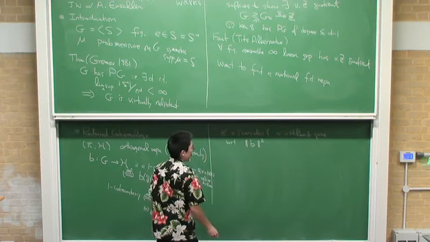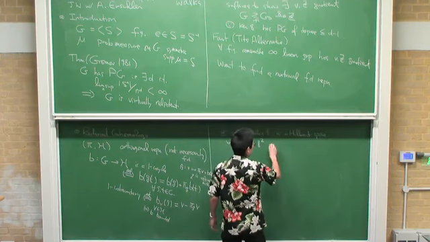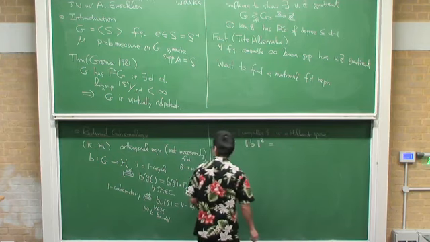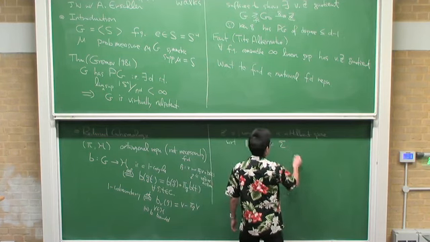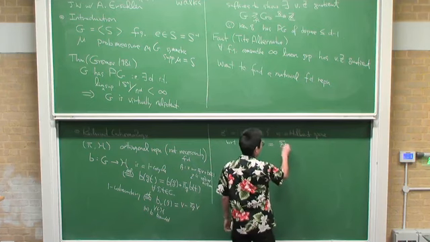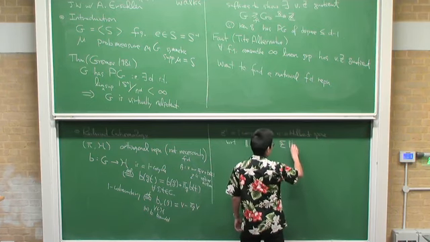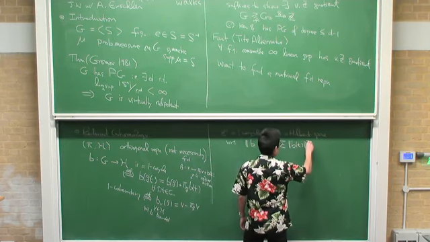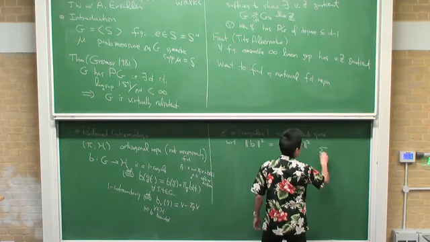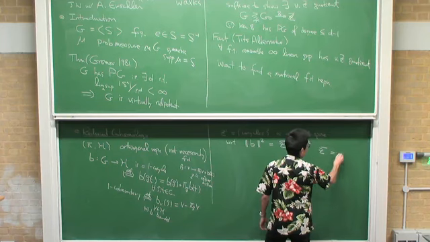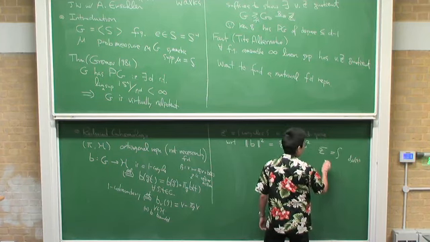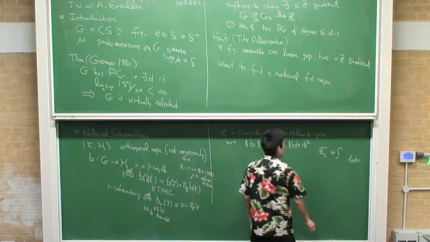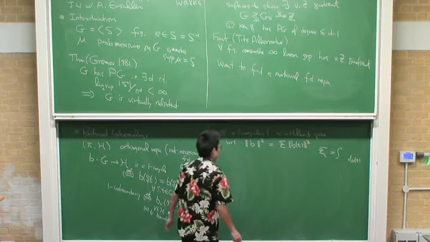With respect to it, the norm squared of b is defined by the μ average of the norm squared of b(g). I use the notation of average like this, integration with respect to μ. Just μ average, yes.